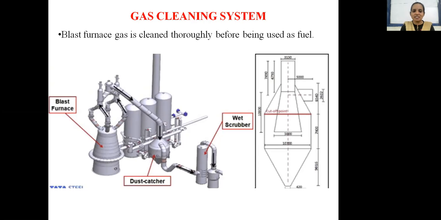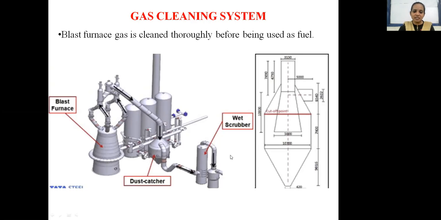So blast furnace gas is cleaned thoroughly before being used as a fuel. Only then can we make use of this gas properly as a reducing agent to generate heat, in power generation and so on.